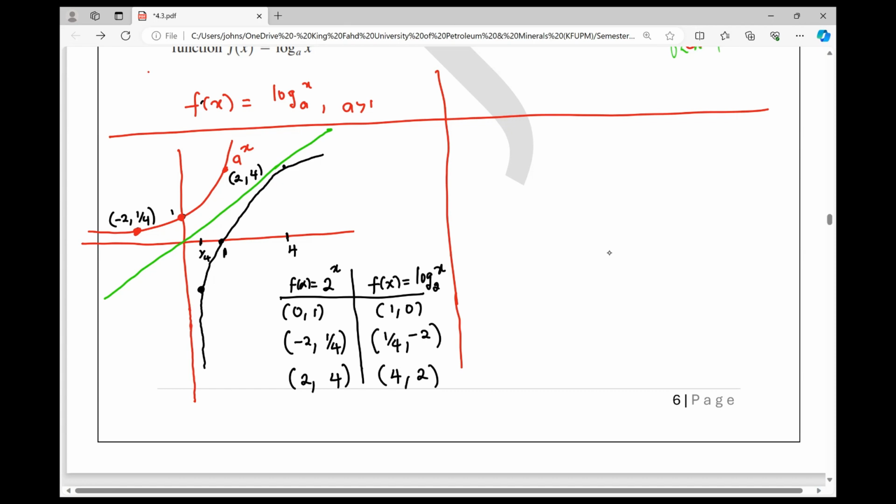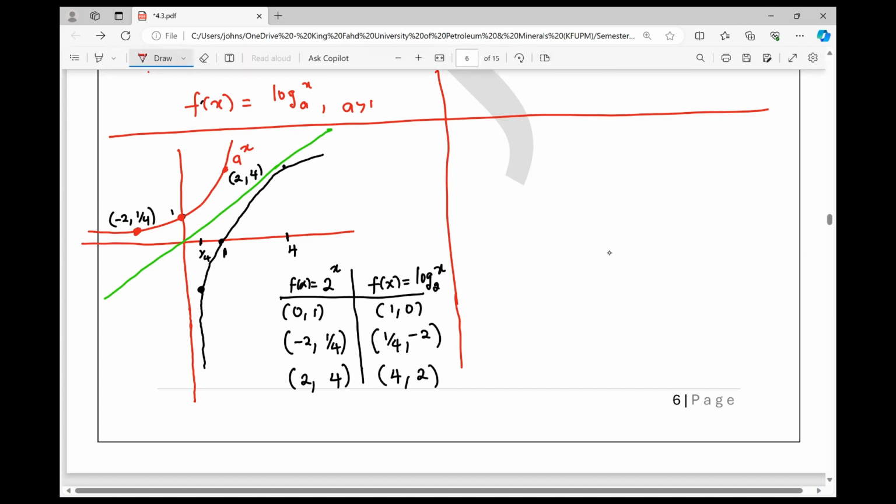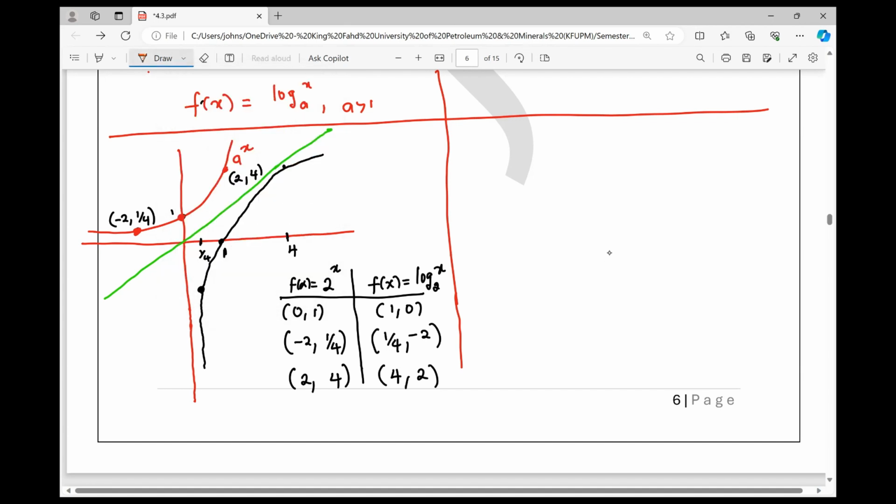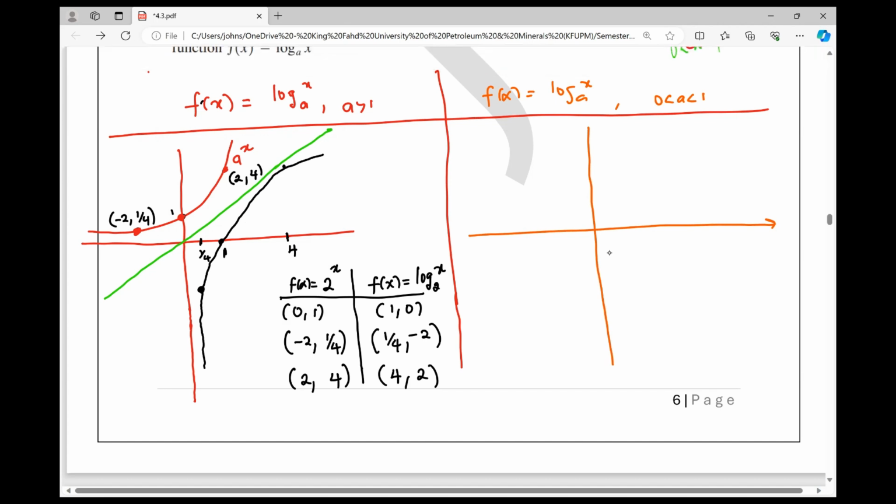So this one, we just took a particular case, the case where a is 2. Now, let's do the same story here. We want to find log base a of x, but this is when a is between 0 and 1. So we can take a particular example. Let's start with the exponential graph, which is going to be a decreasing function.